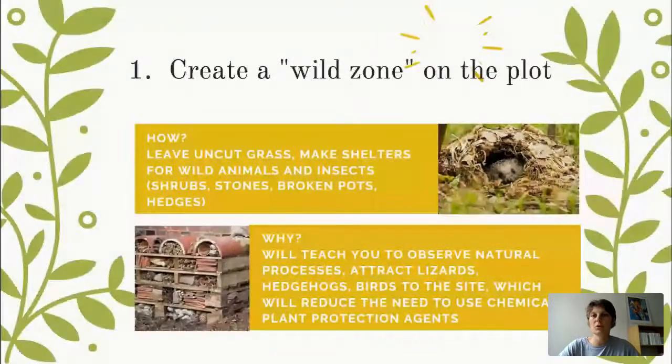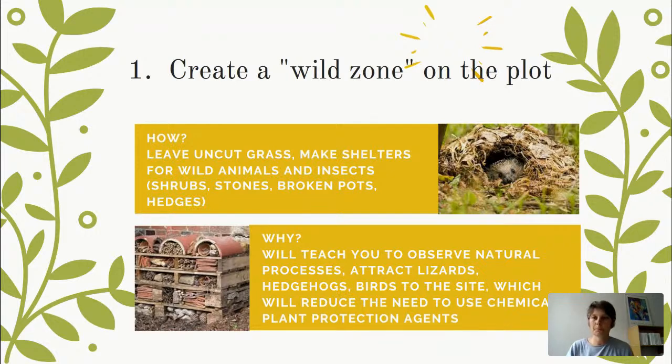And first, what I want to recommend is to create a wild zone on the plot. We already talked about it, that there are some spots far away from your home, where you do not go so often, which could be wild zones.